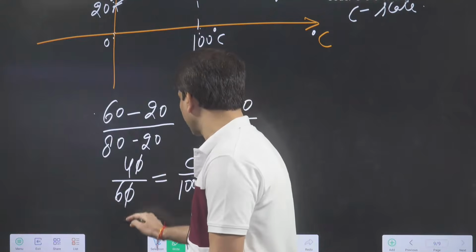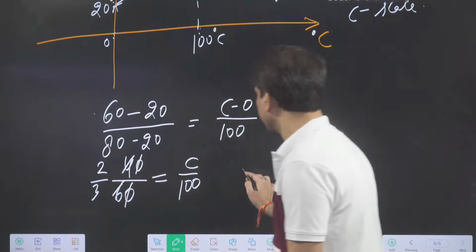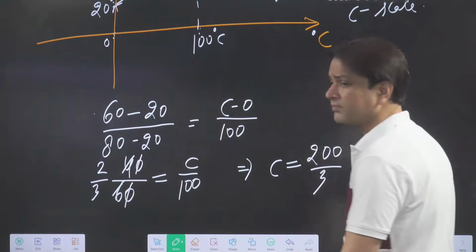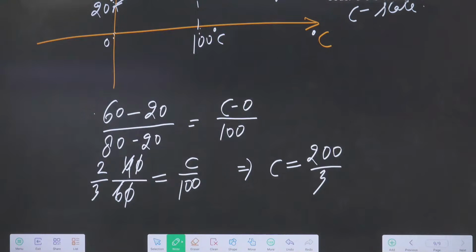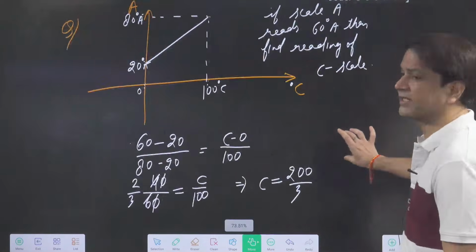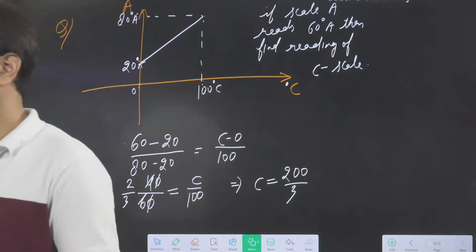Now the zeros cancel out, so this is 2 by 3. Then the C value we got is 200 by 3, that is 66.6. Everybody got it or not? So by the graph also we can get a question like this.